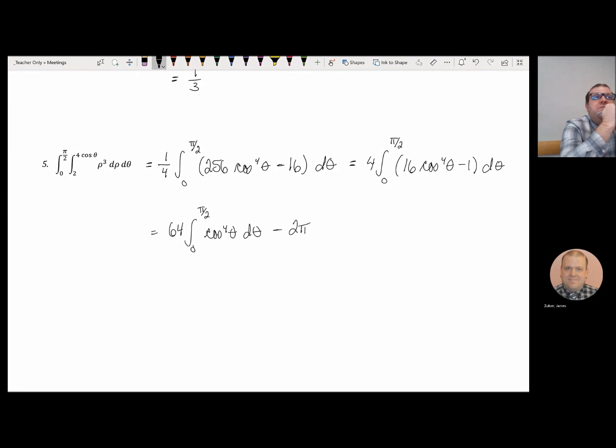You should have derived the cosine reduction formula in Calc 2 to integrate cosine to the n. That is derived using integration by parts. So you can use that. Or the cosine reduction identity. Which is the easier method.